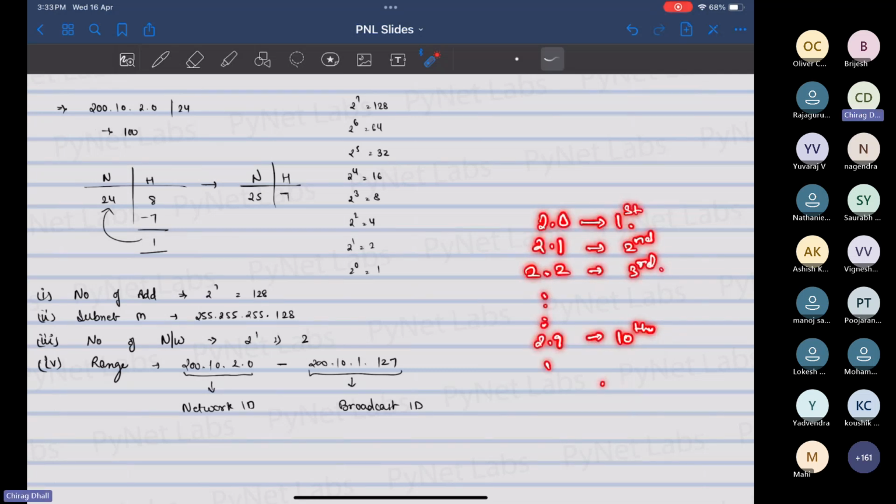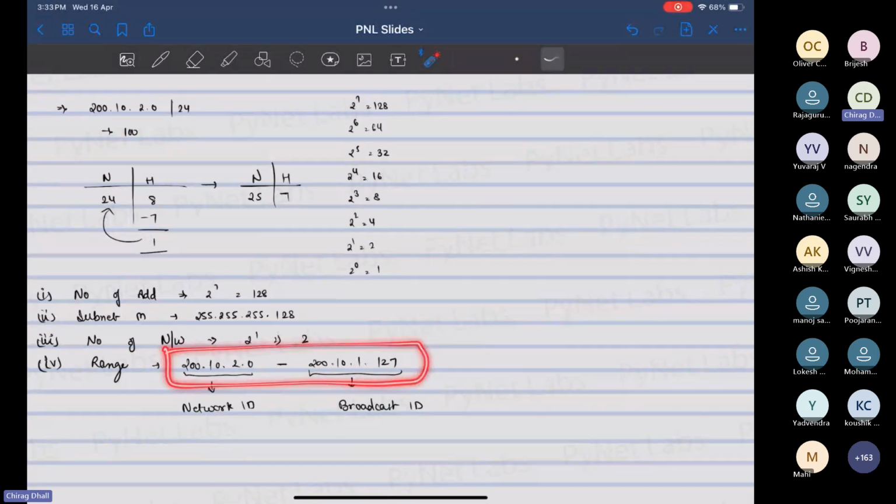Now what will be the 128th IP? 2.127. So that's my range of 128 addresses. Clear now?